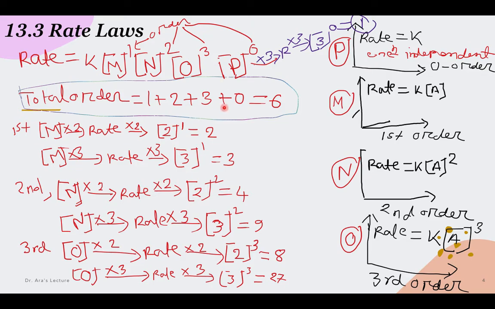As I said, we get the value of the exponent m or n by doing experiments, and how? By changing the concentration. We can increase the concentration 2x, 3x, 4x and so on.